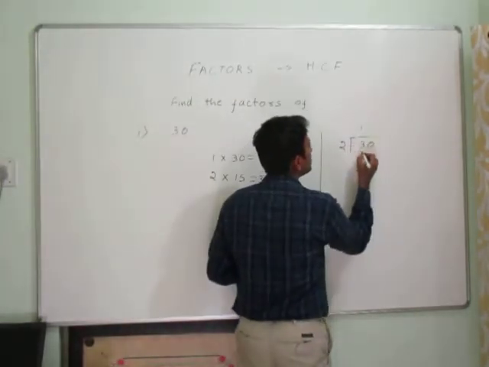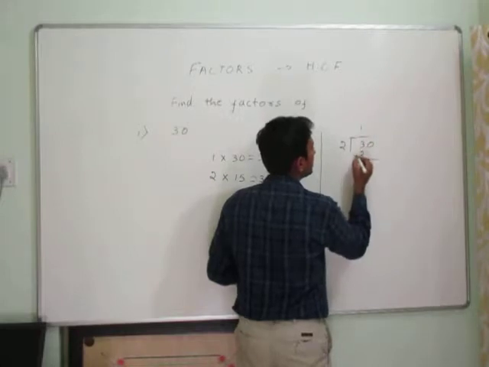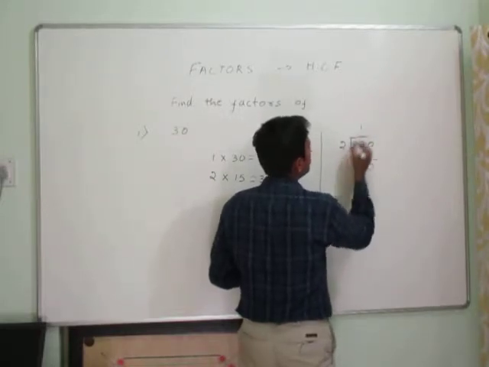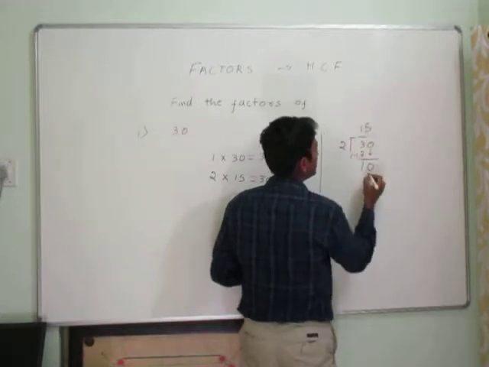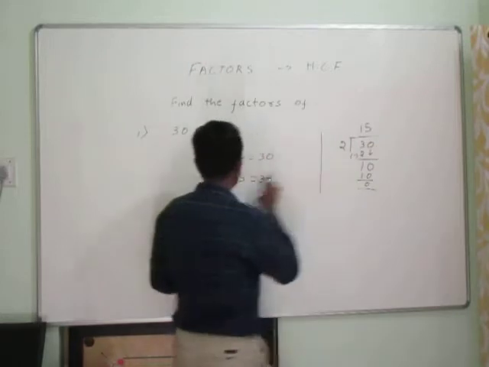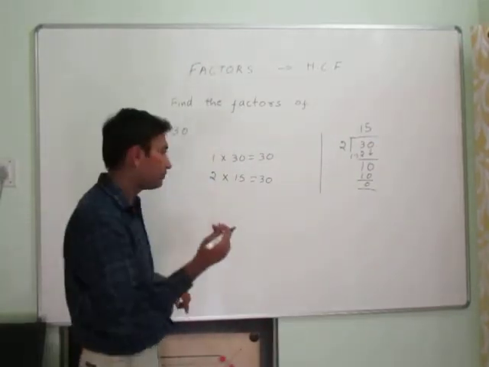Next, 2 1s are 2, 3 minus 2 will be 1, take the 0 down, 2 5s are 10, 0. So 2 15s are 30. This is how you have to go about it.